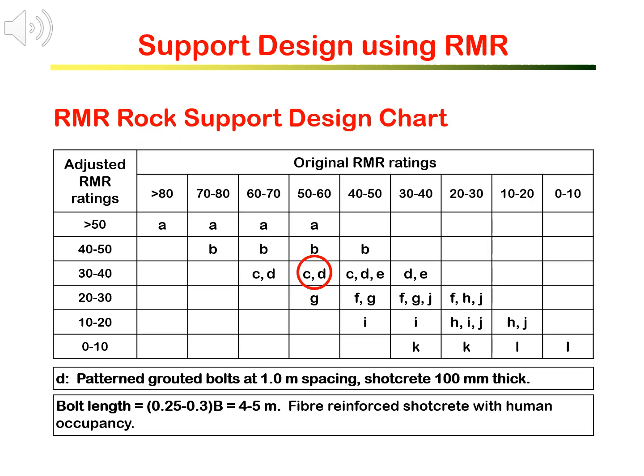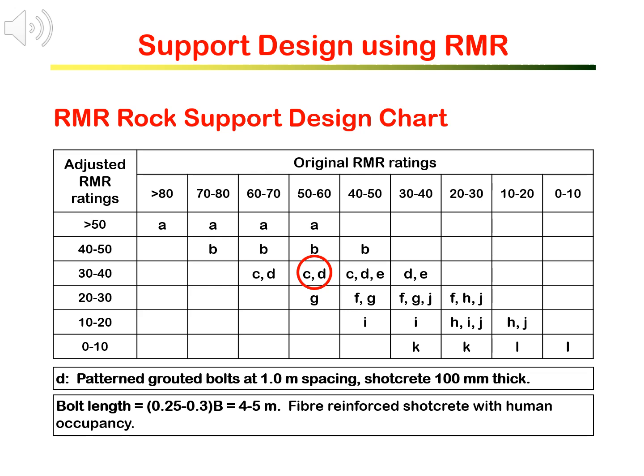With the original RMR of 50 and the adjusted RMR of 38, you can use the RMR rock support design guide to get the support requirements. It ends with support types C and D. Because it is a train station with human occupancy, the roof should be shotcreted.